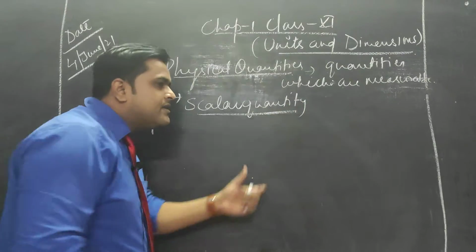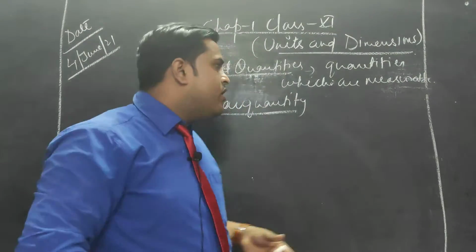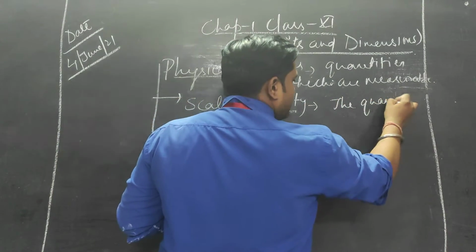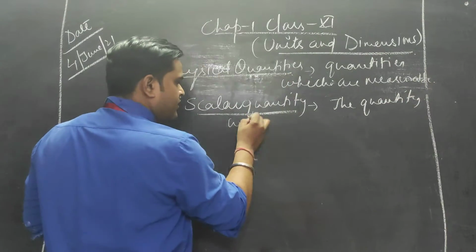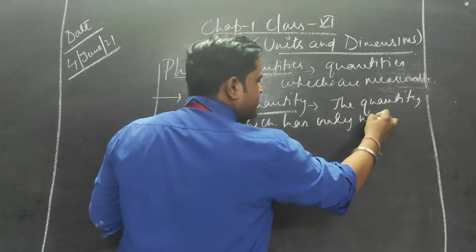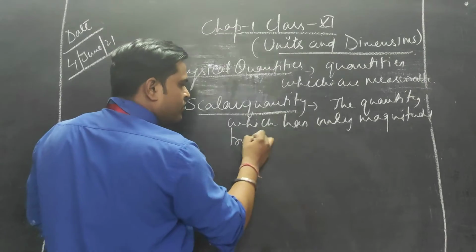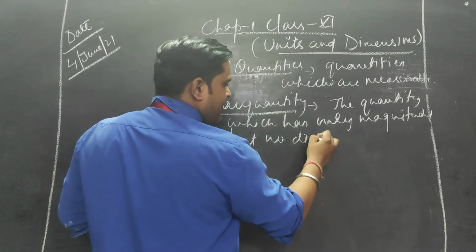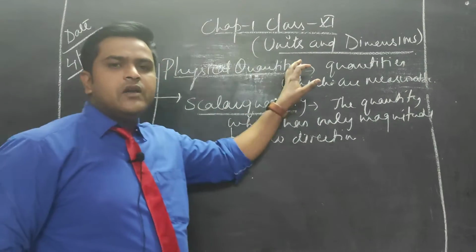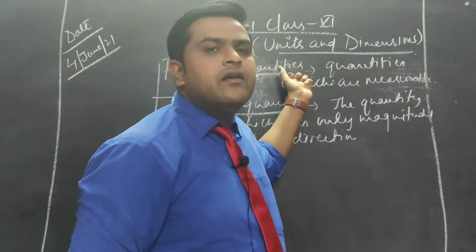Scalar quantity, as the name suggests, will have only magnitude but no direction. And we write a physical quantity with its numeric value along with the given unit.